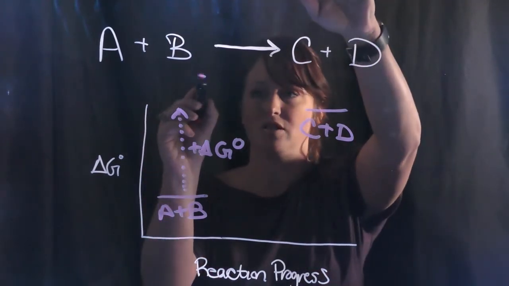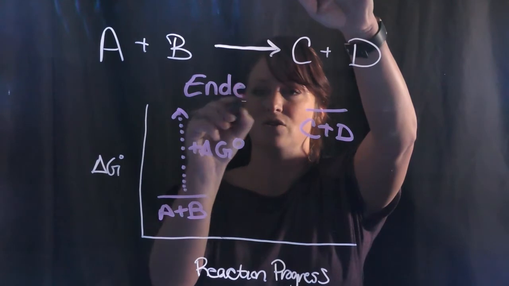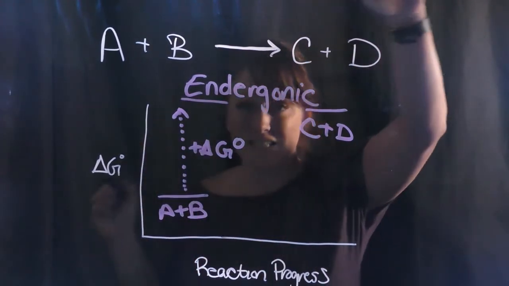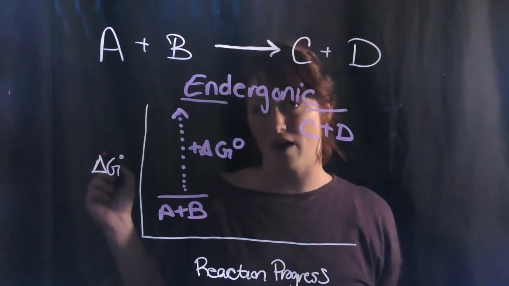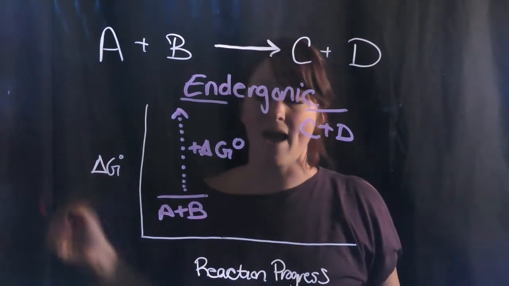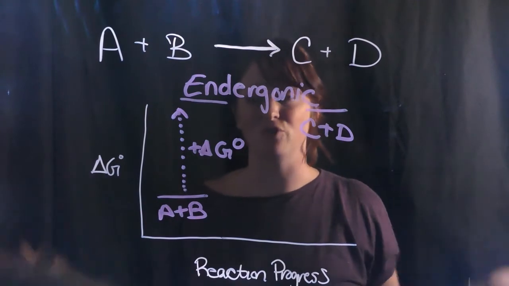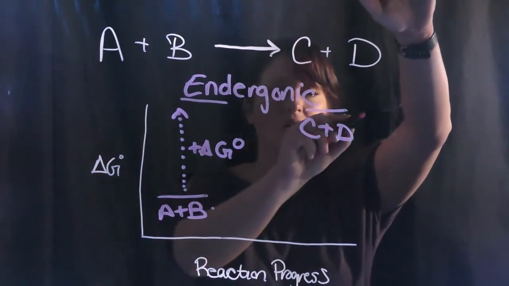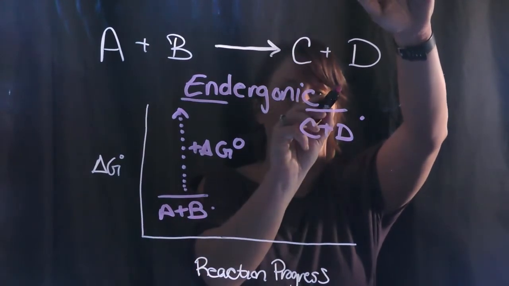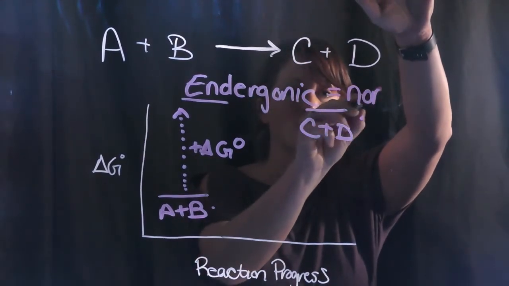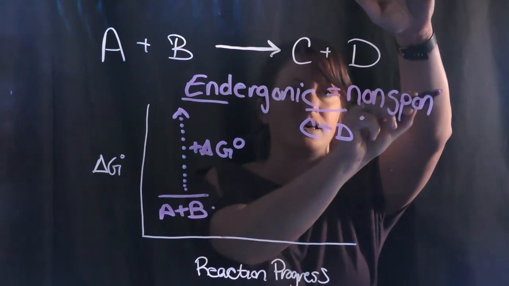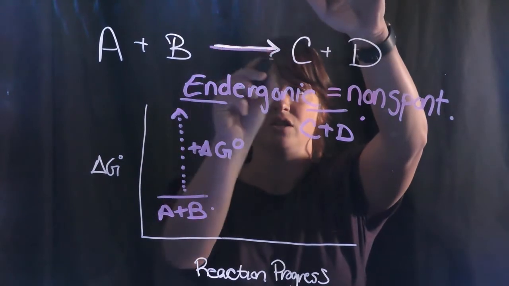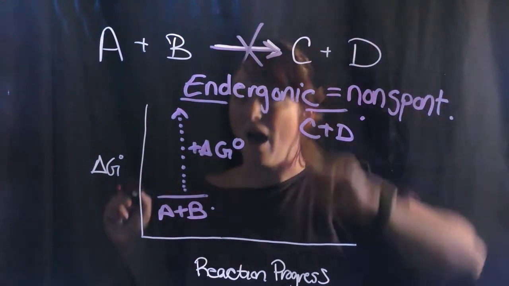These types of reactions are called endergonic, meaning energy went into the system in order to help drive the reaction forward. Now, because we are bringing energy in and we're going from a lower potential energy state to a higher potential energy state, endergonic reactions are non-spontaneous, meaning they will not occur favorably in the direction that they are written without help.